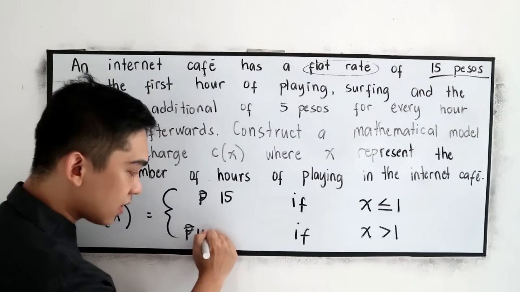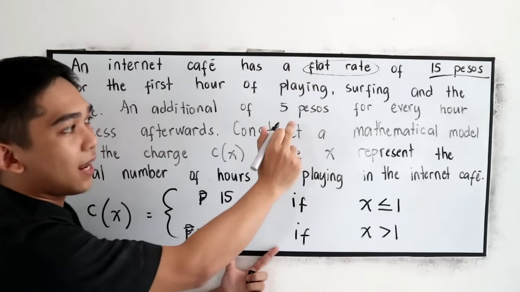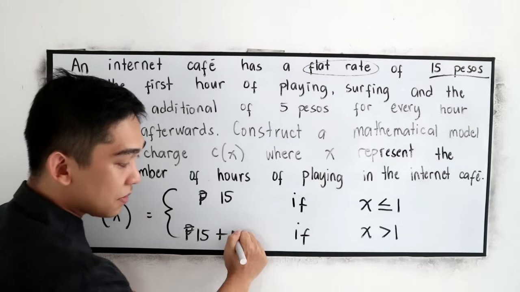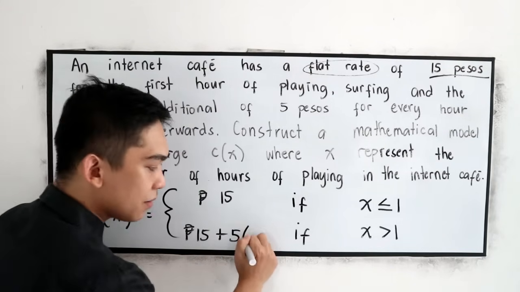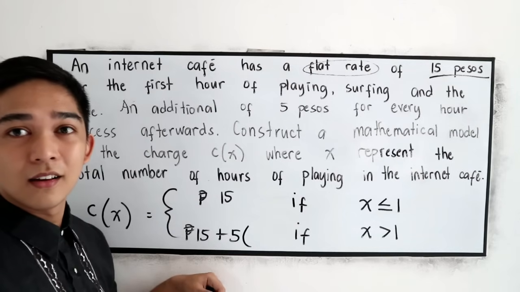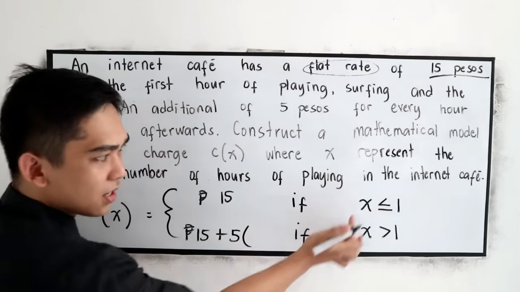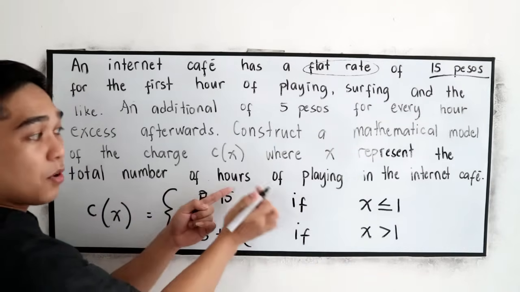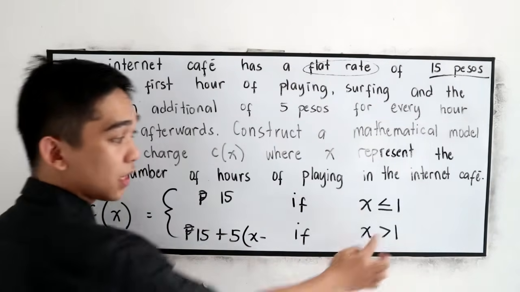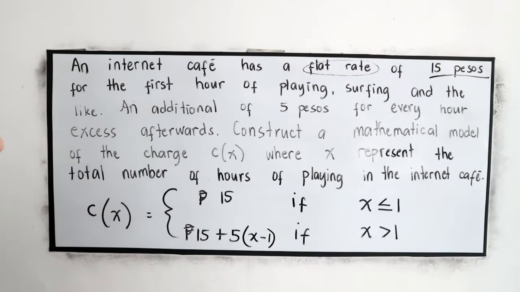Siyempre, i-add natin doon yung magiging additional na bayad niya. So, ang additional na bayad natin, 5 times yung number of hours na ginamit niya sa internet cafe. So, let's say, x is the representative of total number of hours. So, x minus, ang base natin dito is 1. Yan. Okay. Pwede natin siyang i-check.